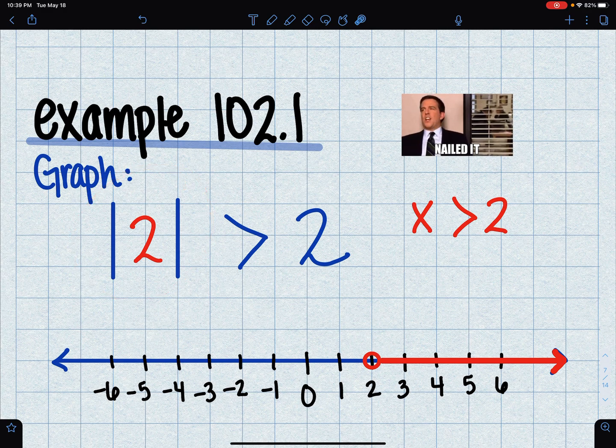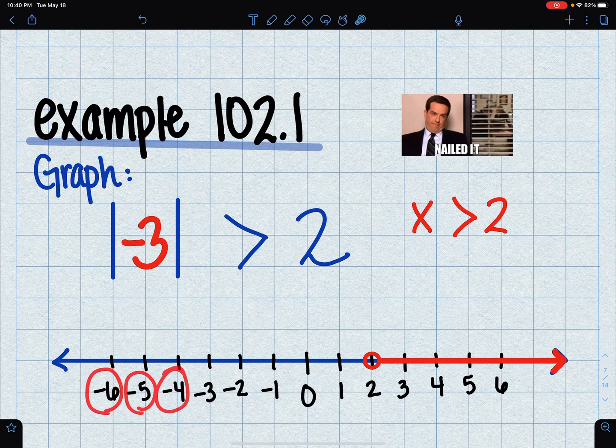So for example, what if I had -3? What's the absolute value of -3? It's going to be 3, and 3 is greater than 2. So I know that this -3, and this -4 would also be included, and -5 and -6 forever. What about -2?